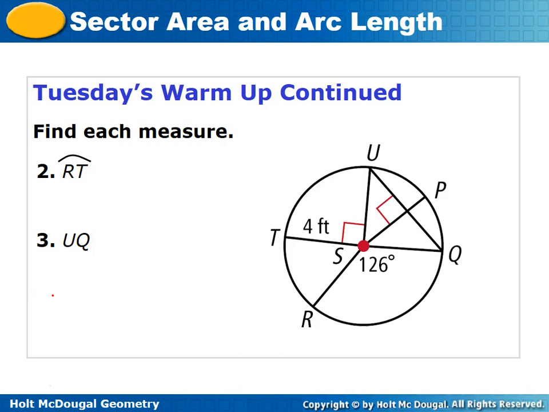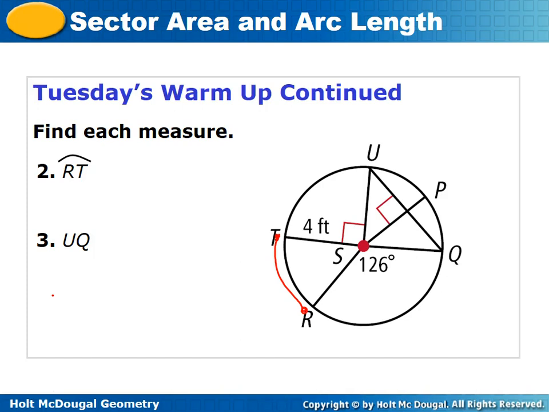All right, so here in this one, another part of the warm-up, find each measure. So RT here, RT is right here. This is an arc, so we're going to go from down here to up here. And so we're looking at what information we already have. If we start working through this diagram, we can see a variety of things.